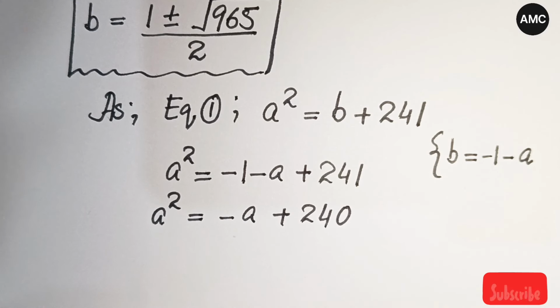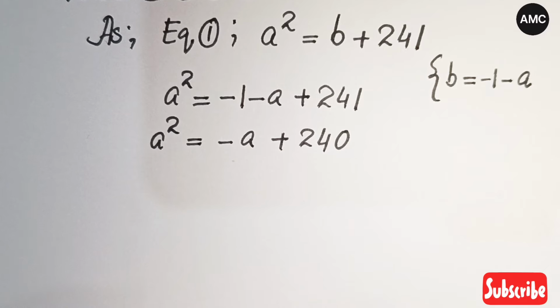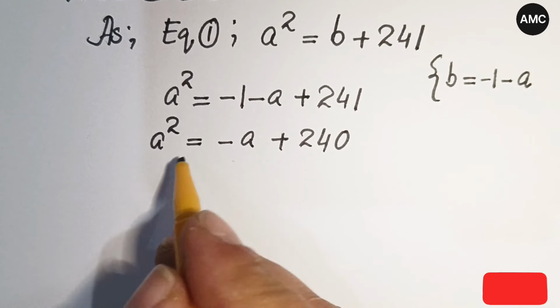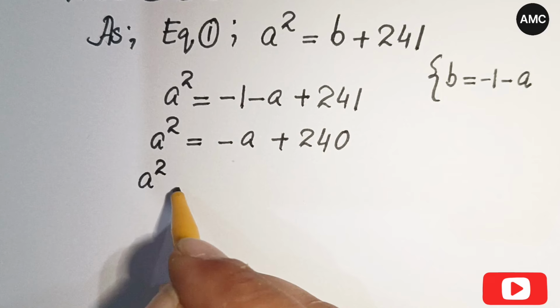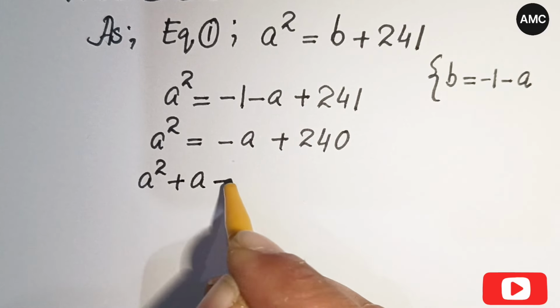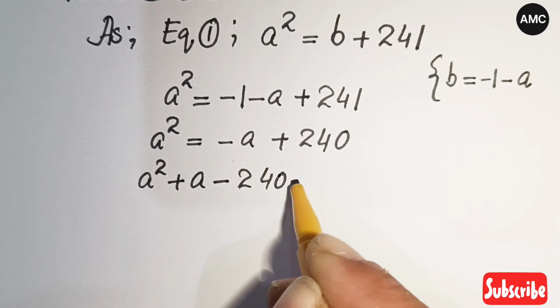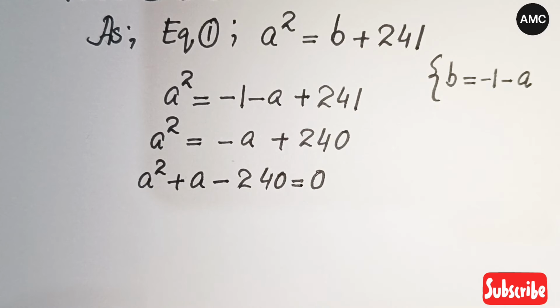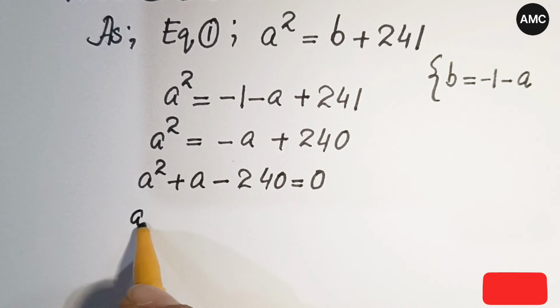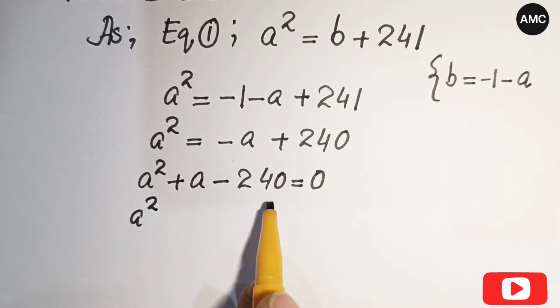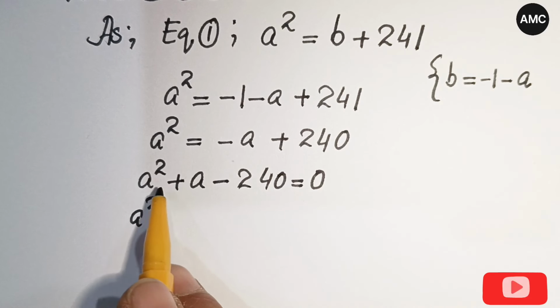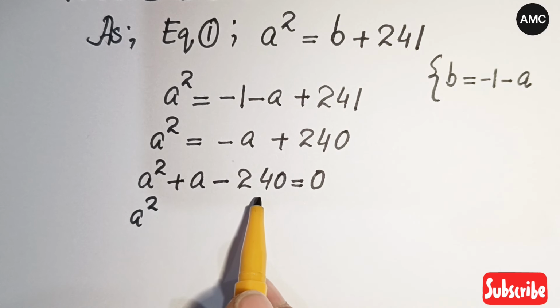Now here we have a squared, shifting this minus a, we will get a squared plus a minus 240 is equal to 0. Now we can find the values of a, as it is a quadratic equation.